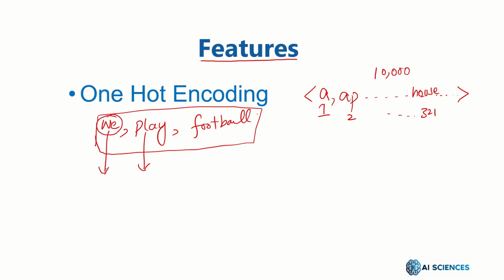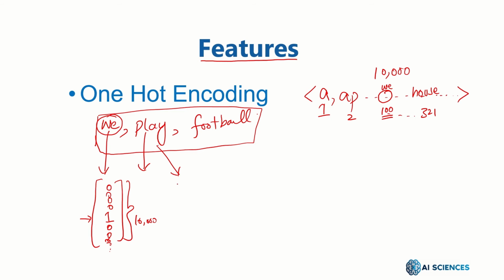Then the one-hot encoding of "we" is basically a vector of all zeros, but one at the index where "we" appears in the dictionary. For example, if "we" appears at index 100, then index 100 contains 1, and everywhere else it contains zeros. This feature vector is a 10,000-dimensional vector where only one entry is 1 and all the other entries are 0.